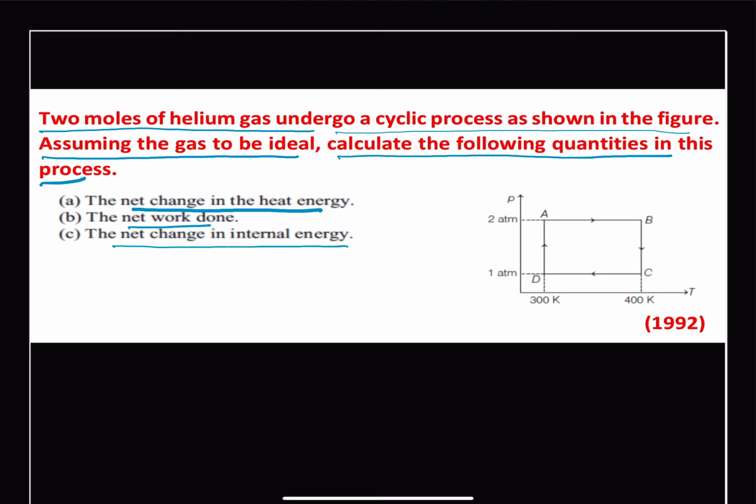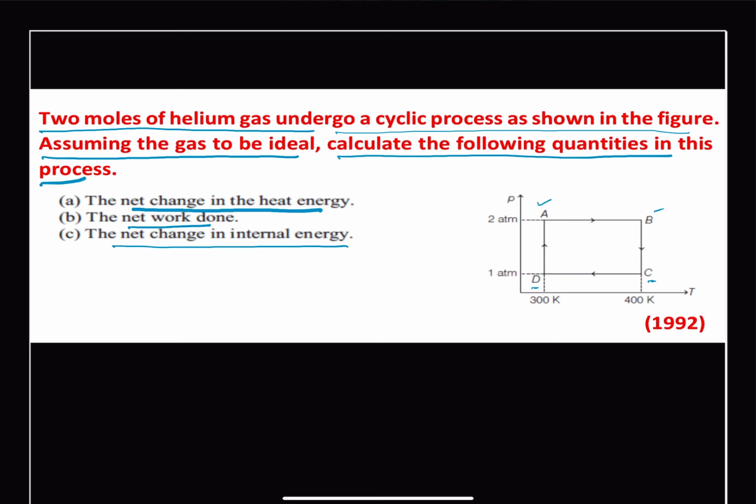So a basic diagram is given to us. The process starts from A and moves to B, and there is a constant pressure of 2 atm. From B to C, it moves at constant temperature. Then C to D, it is once again at constant pressure, and then from D to A, once again at constant temperature.